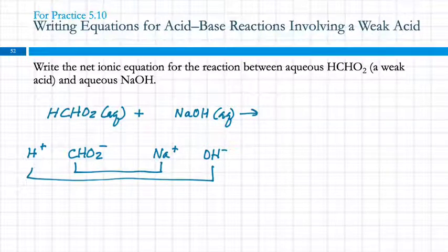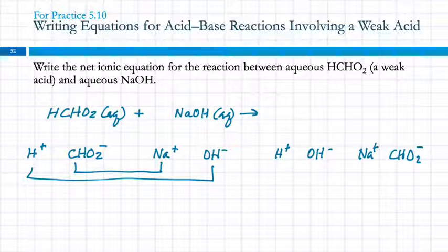I'm going to predict the products by swapping partners. So I get H plus with OH minus, and I get sodium with CHO2.